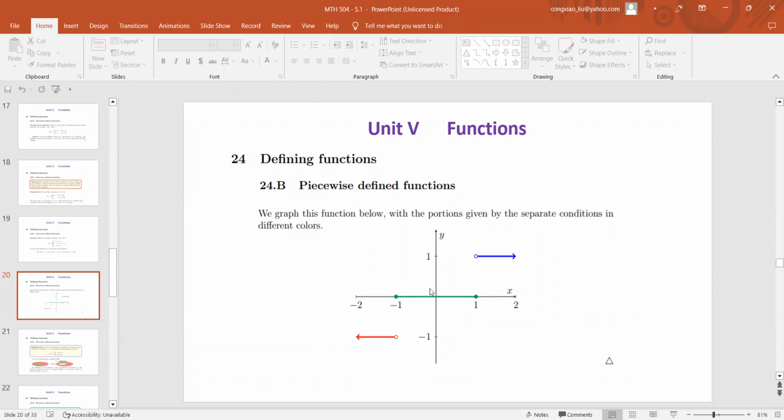And the other two parts of the graph, one on the right and one on the left, one is below the x-axis, one is above the x-axis, both parallel to the x-axis, but not including endpoints for both of them. So that's just like a step function, although it's not actually a step function.